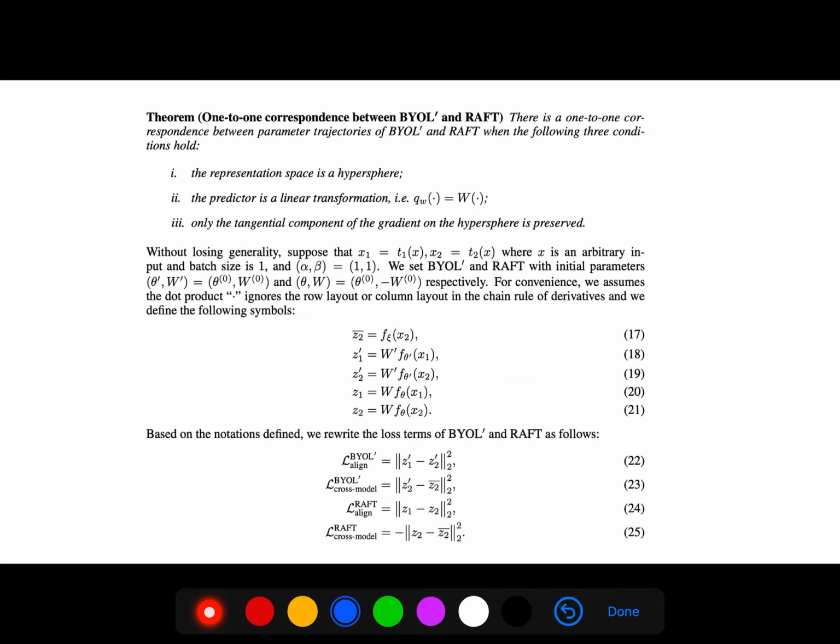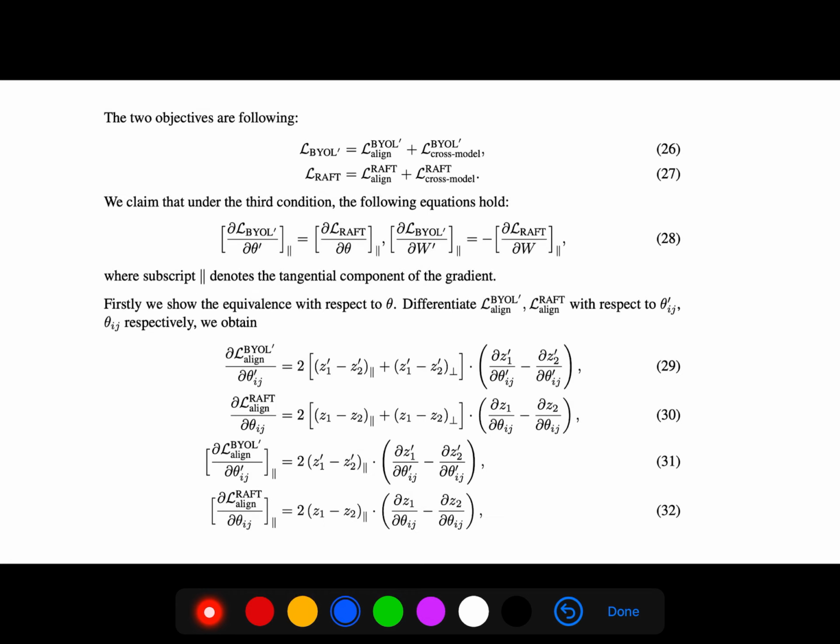There is a one-to-one correspondence between BYOL prime and RAFT. The representation space is a hypersphere, the predictor is a linear transformation, and only the tangential component of the gradient on the hypersphere is preserved. So we have two objectives, and we claim that under the third condition these equations hold.